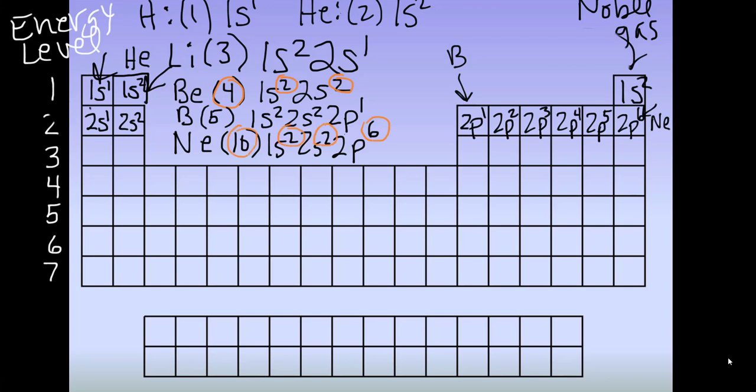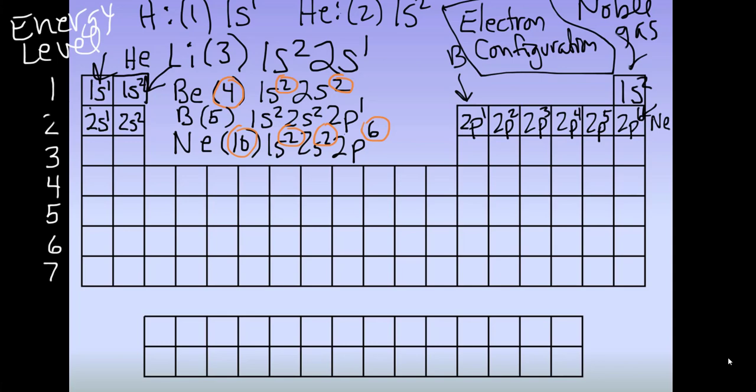So what we've been talking about is something called an electron configuration. An electron configuration is the address of where every electron is in the element. So you can kind of imagine when you get down to the bottom, how long are these going to be?